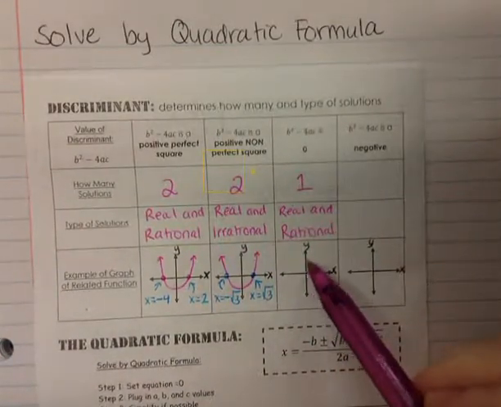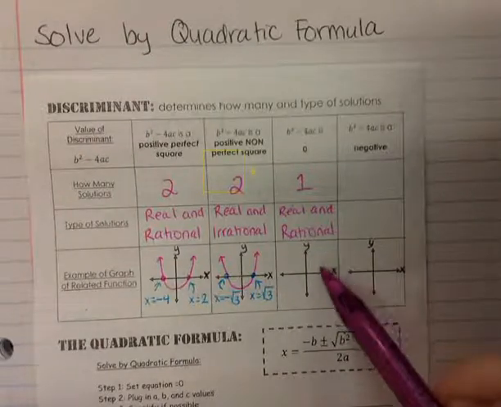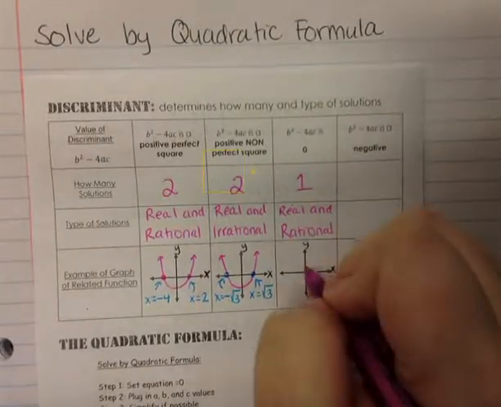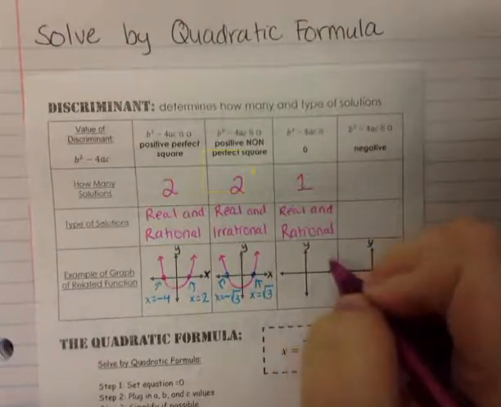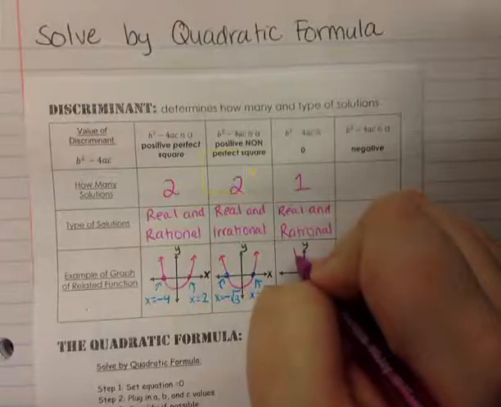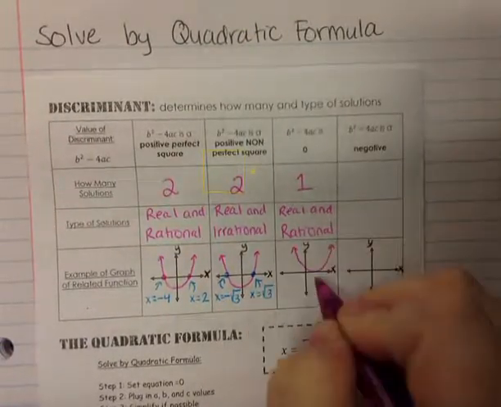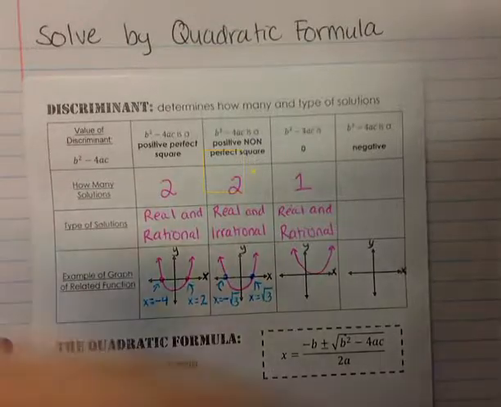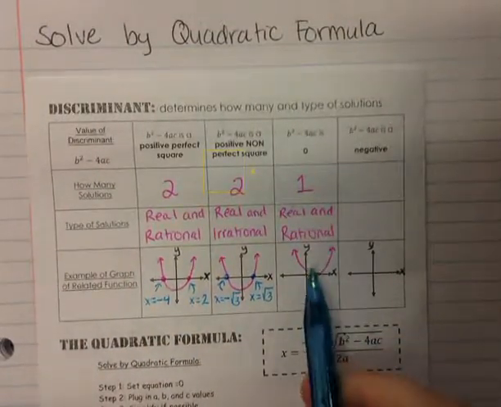What that means, again, going back to previous work that I've explained, is that this quadratic would touch the x-axis. It wouldn't cross through, but it bounces off the x-axis. Again, it doesn't matter if it's on the positive, the negative, or on the 0. But this solution could be a real, rational answer.